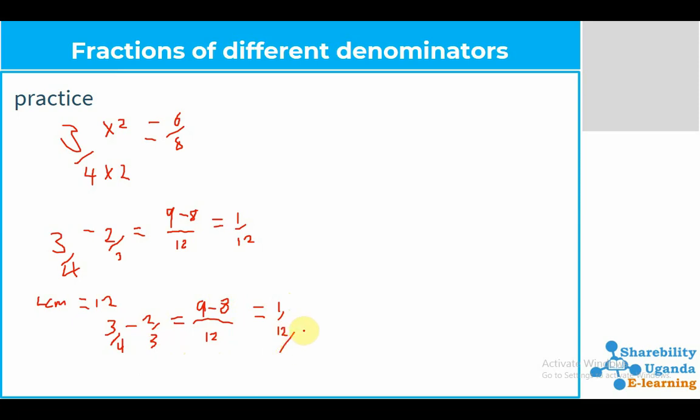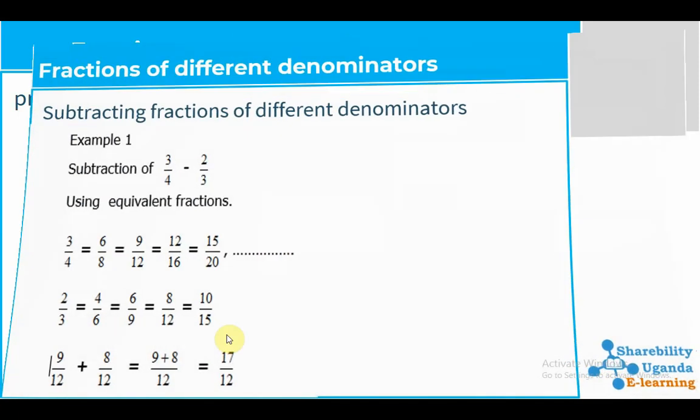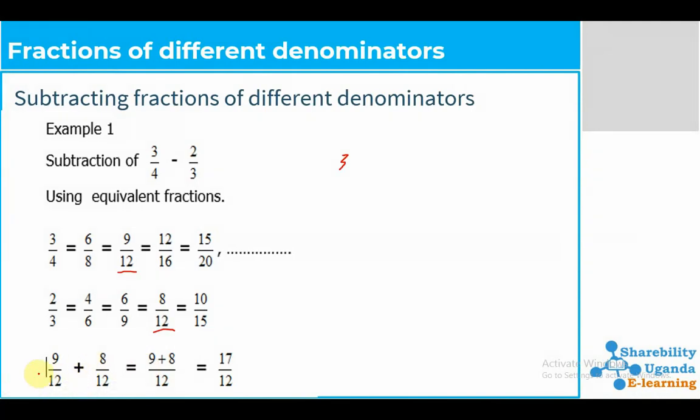So this is our answer. When you look at the examples that we are given here, they made an operation of addition, yet here it was supposed to be subtraction. So they were supposed to get 1 out of 12, not 17 out of 12.